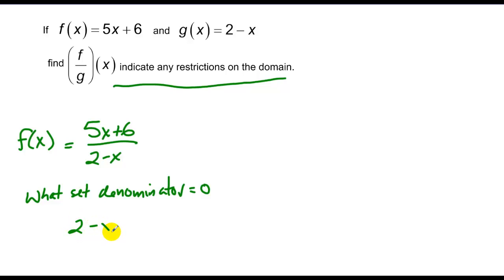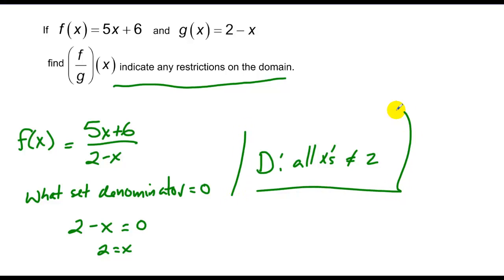To find out, we take that denominator, set it equal to 0, and solve. So 2 is equal to x. Therefore, my domain is all x's not equal to 2. Any other number will work.